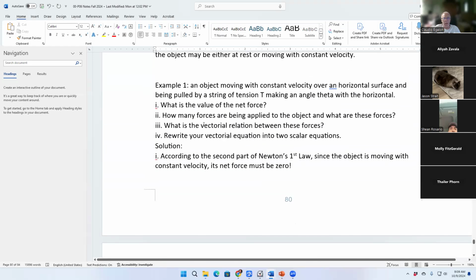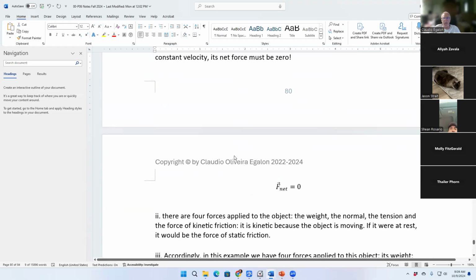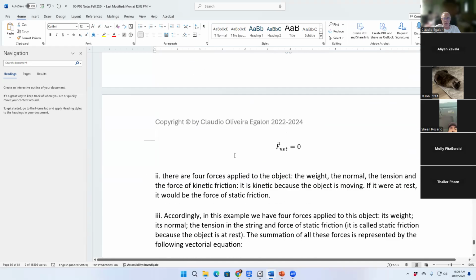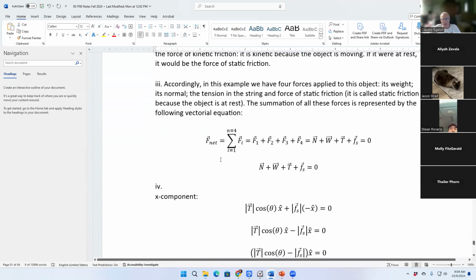Item 3. What is the vectorial relation between these forces? Let's write that down. Net force is equal to the sum of all the forces. In this case, the net force is equal to 4 forces, F1, F2, F3, F4, equal to 0.